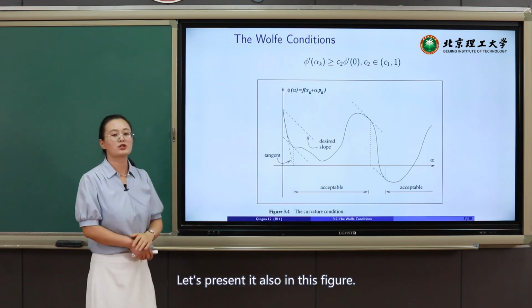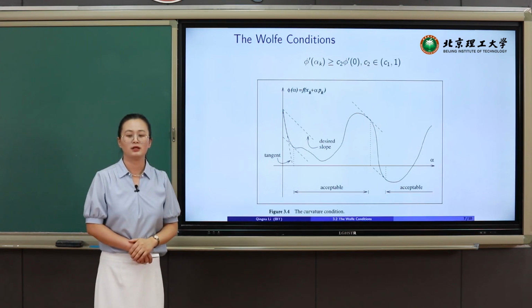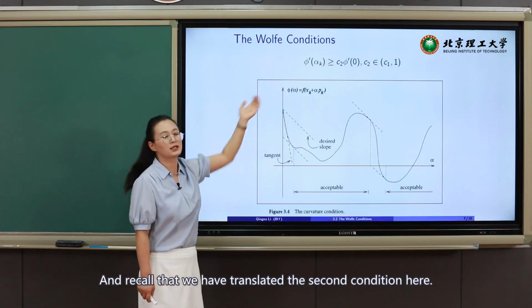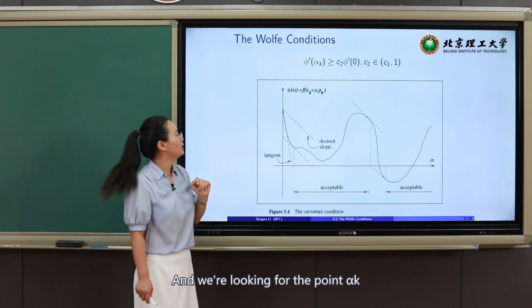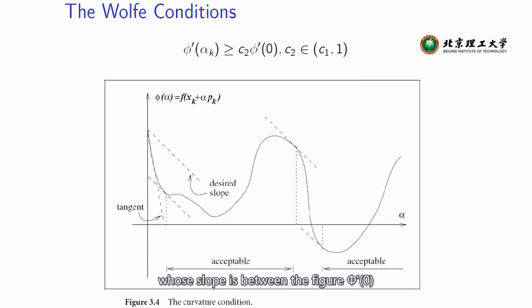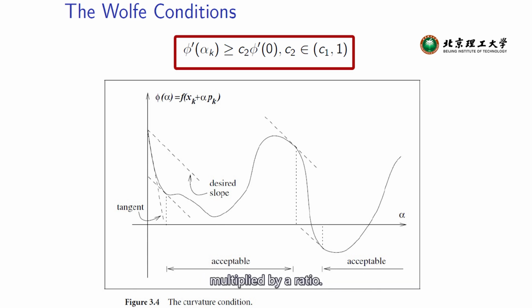So let's present it also in this figure. Recall that we have translated the second condition here, and we are looking for the point alpha k whose slope is at least phi prime 0 multiplied by a ratio.